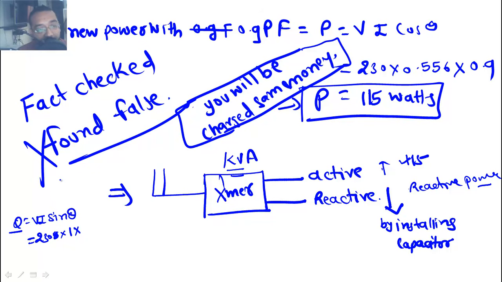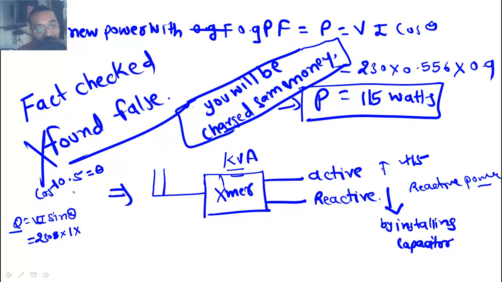If you want to find out the theta value, we had cos theta equal to 0.5, so theta is cos inverse of 0.5.